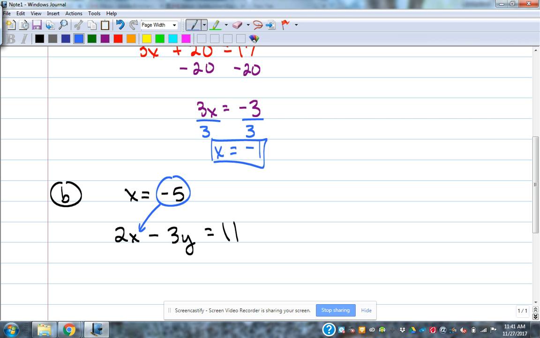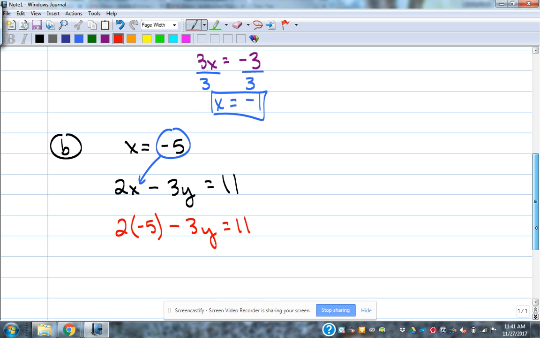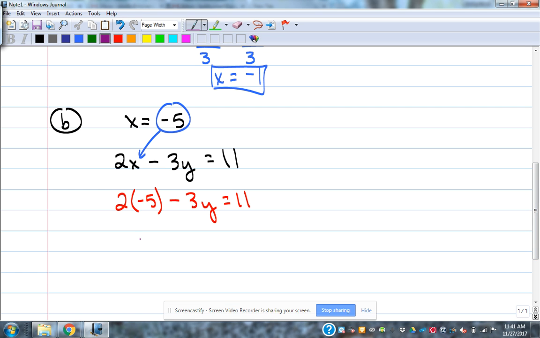So we're taking one of the equations, what it tells us the variable is equal to, and substituting it for that variable in the other equation. So here we're going to 2 times negative 5 minus 3y equals 11. 2 times negative 5 would be negative 10 minus 3y equals 11.